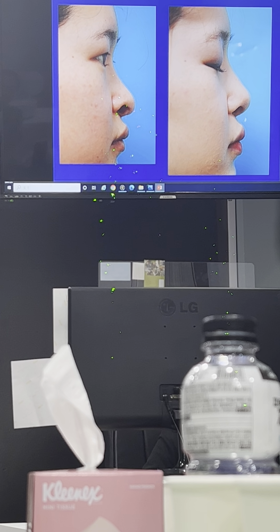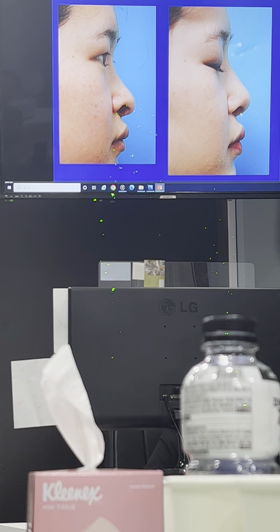You can see I can correct the alar retraction. And then the TIP is more projected. Alar retraction is corrected. Also the hanging columella is corrected.